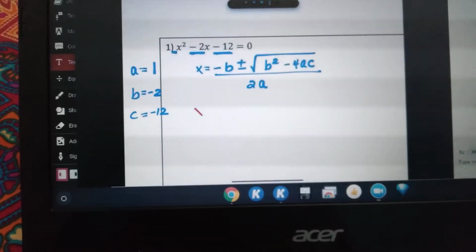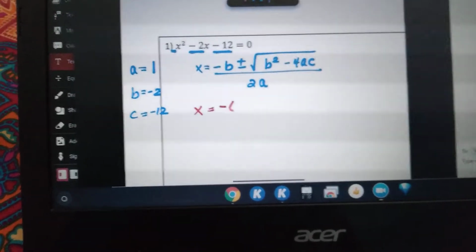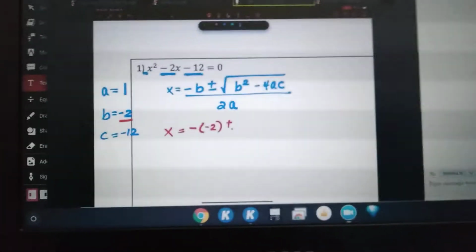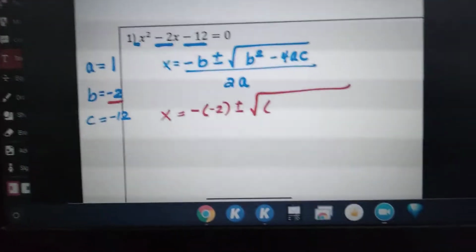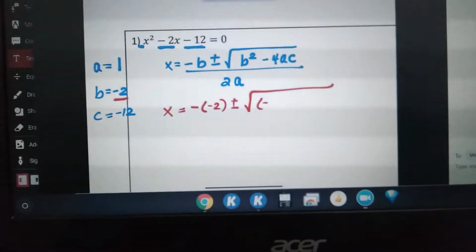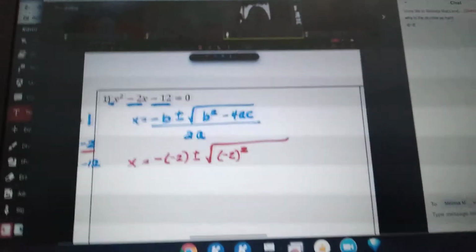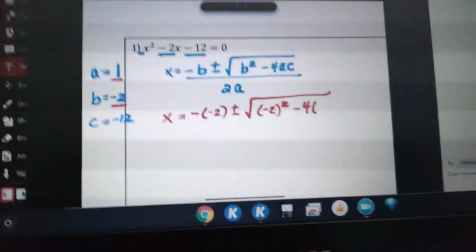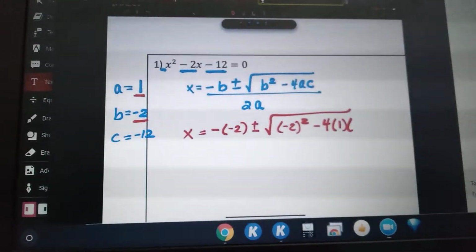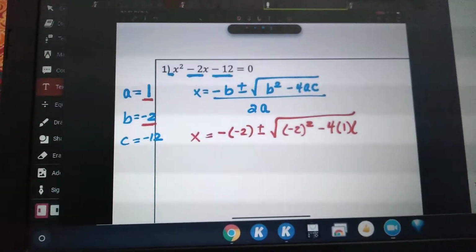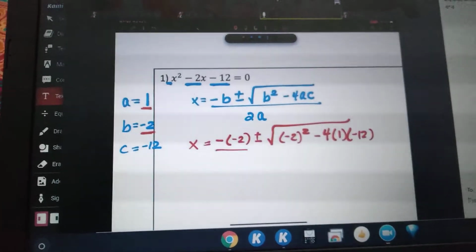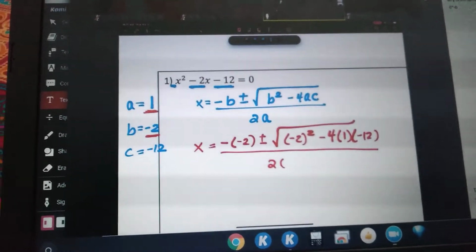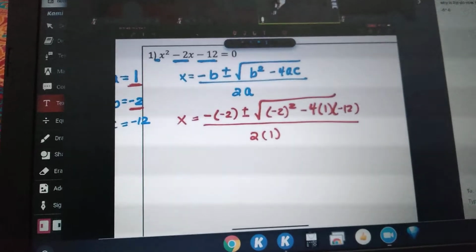So x equals negative, put in parentheses, your b is negative 2, plus or minus the square root of parentheses b, negative 2, squared, minus 4 times parentheses a, 1, parentheses c, negative 12, all over 2 times parentheses a, 1. Everybody capisce?